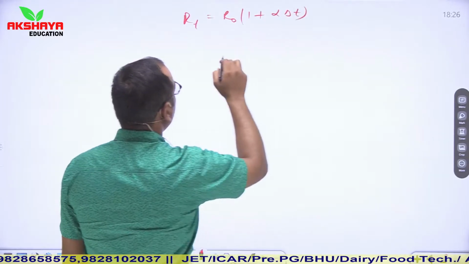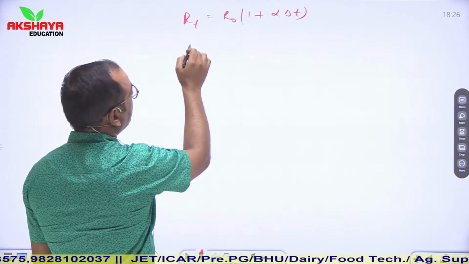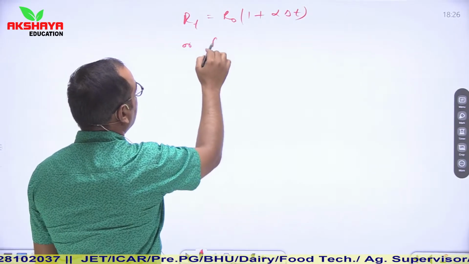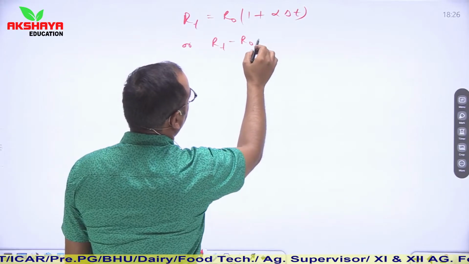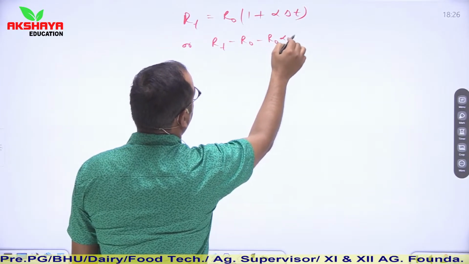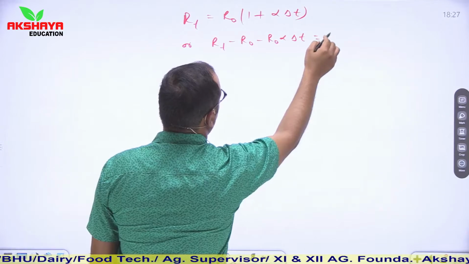This is our relation, or we can say RT minus R naught minus R naught alpha del T is equal to 0.